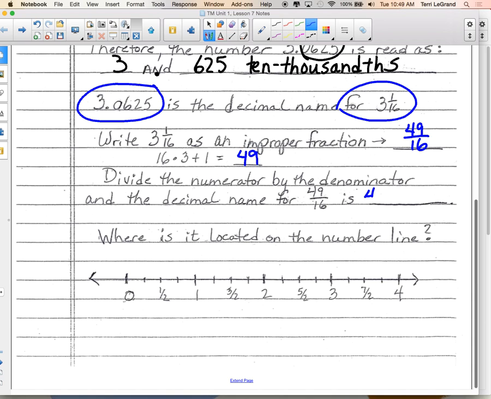So let's do this. 49 divided by 16 equals, and maybe we're going to have to come down here and write what it is. Put that on your calculator and see what happens. Is it 3 and 625 10,000ths? Yes or no? Yes. Okay, thanks.